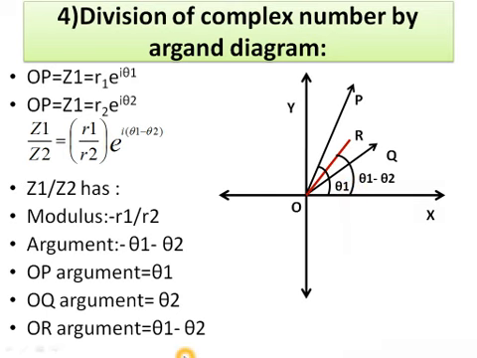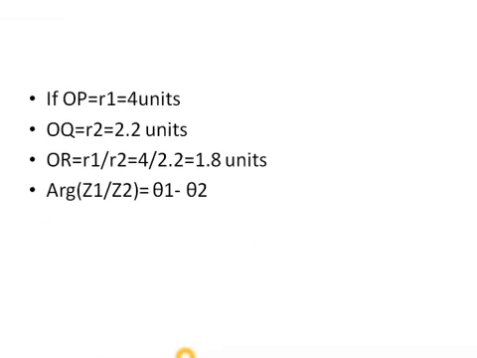So in this manner, the algebraic process of addition, multiplication, subtraction and division is easily understood with the concept of an Argand diagram. Here, as a hypothetical example, consider OP, R1, as 4 units and OQ, R2, as 2.2 units.